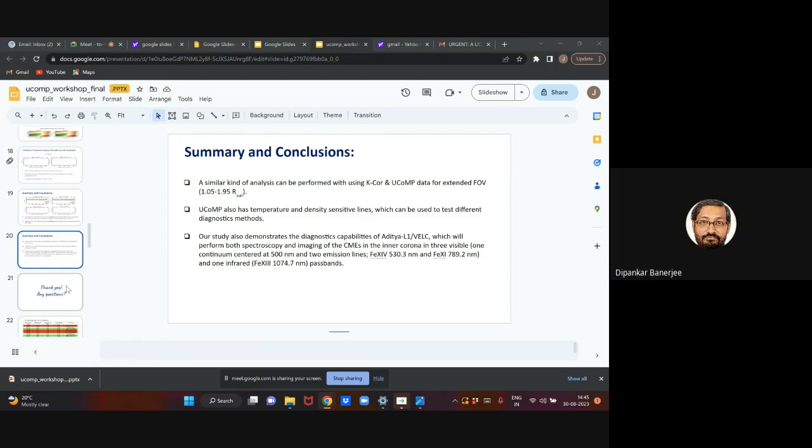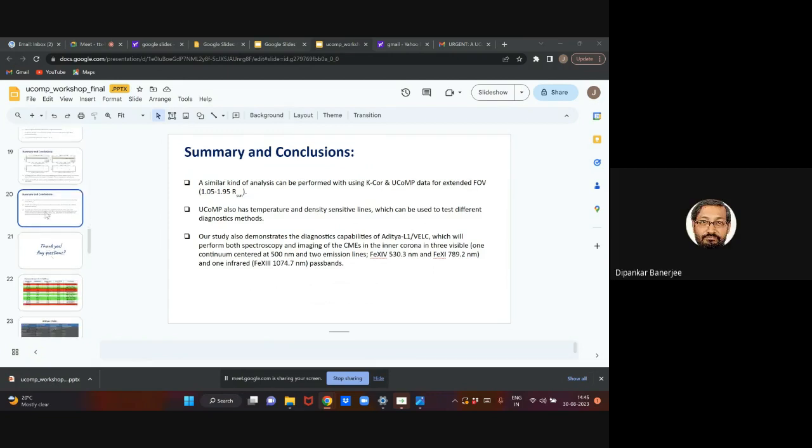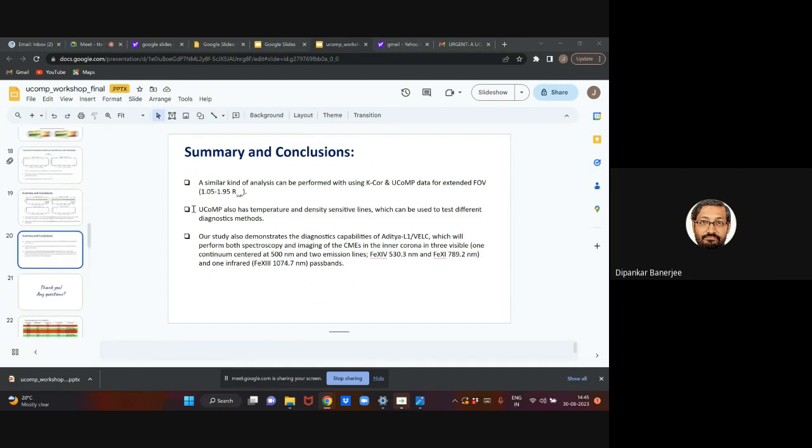Jyoti, should I chip in? Yeah. Okay, this is Dipankar here. As Steve was pointing out, it has a spectrograph, and it has 4 cameras. After the M2, the light beam is split. One goes to the continuum, and the rest goes to a grating, and then you have dispersion, and 3 different pre-filters also.